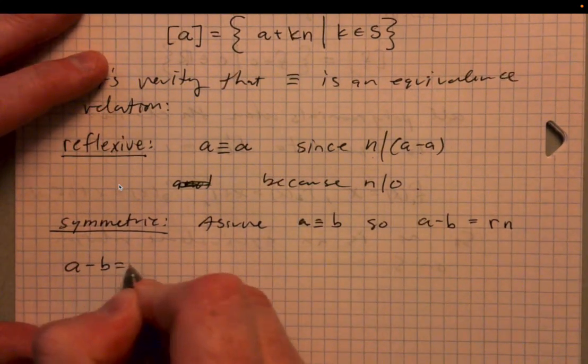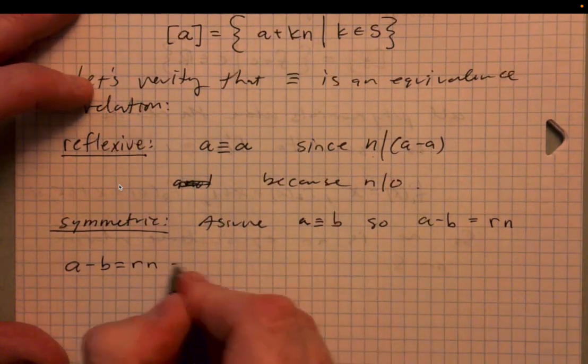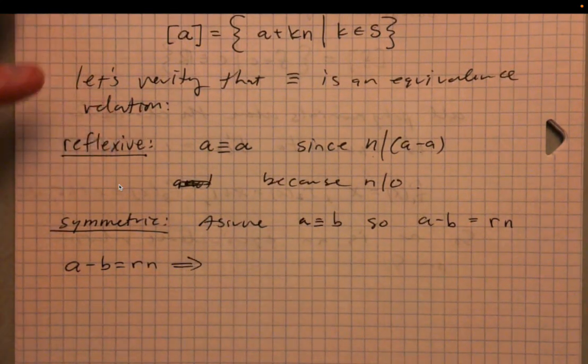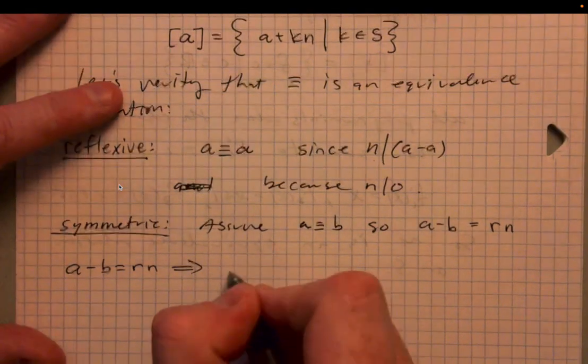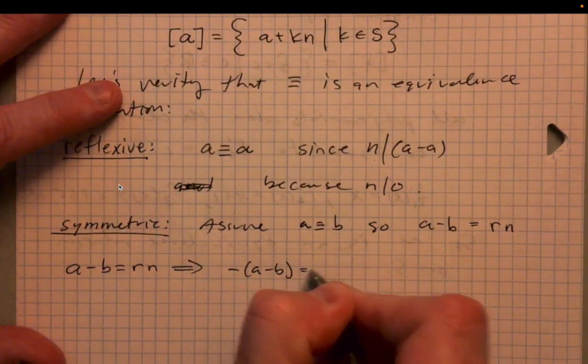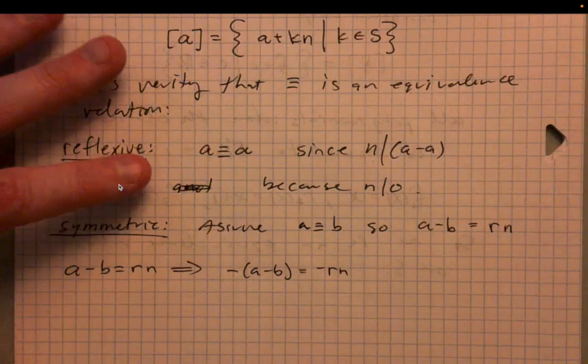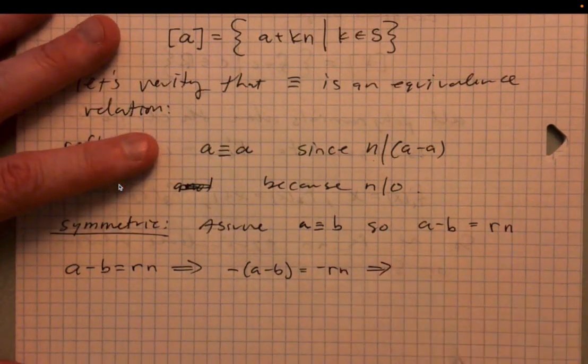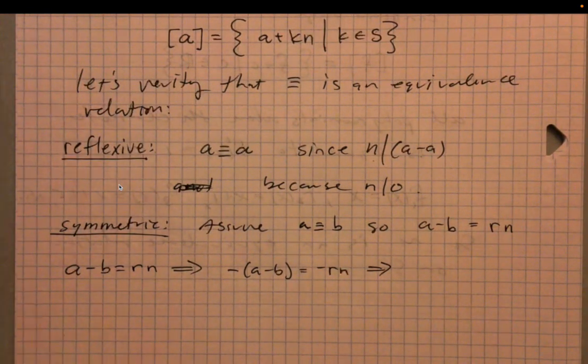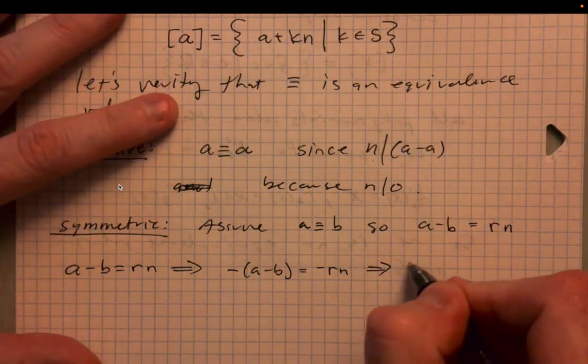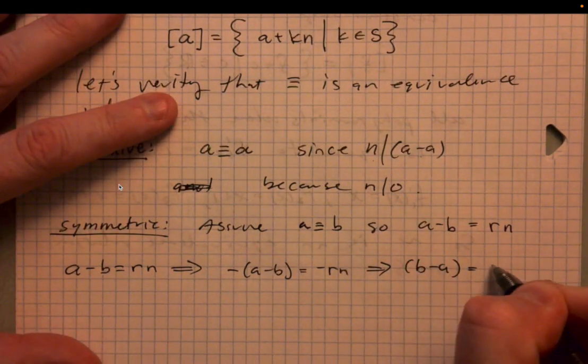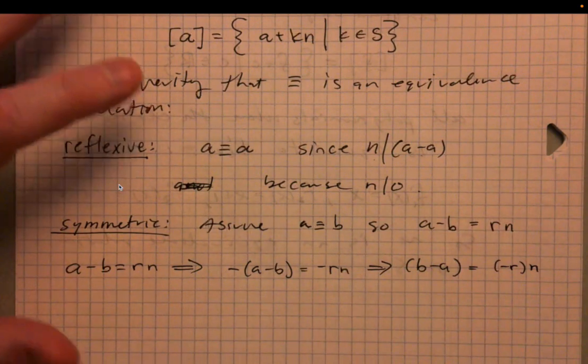Let me bring it down here. We're just going to do some algebra. We're going to multiply by -1 on both sides, like so. And that means B minus A equals -r times n, right?